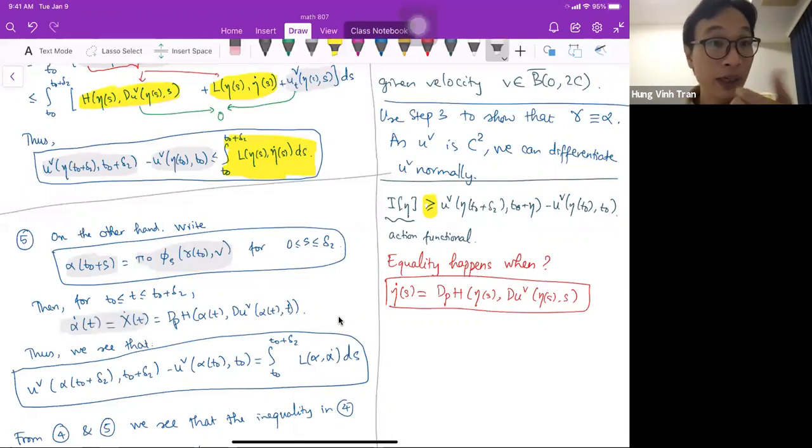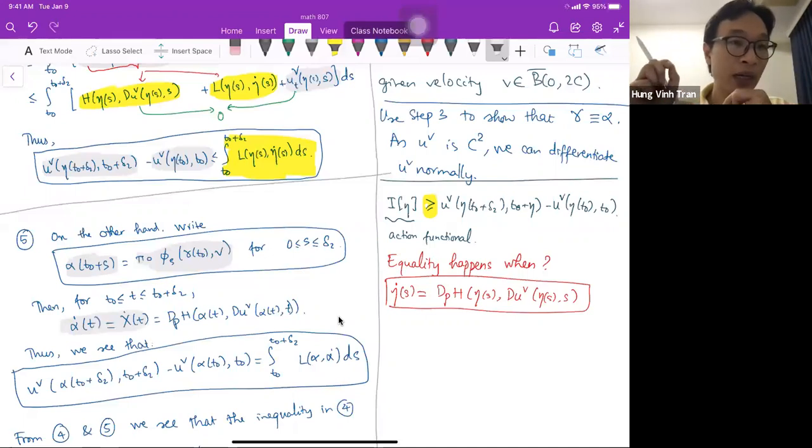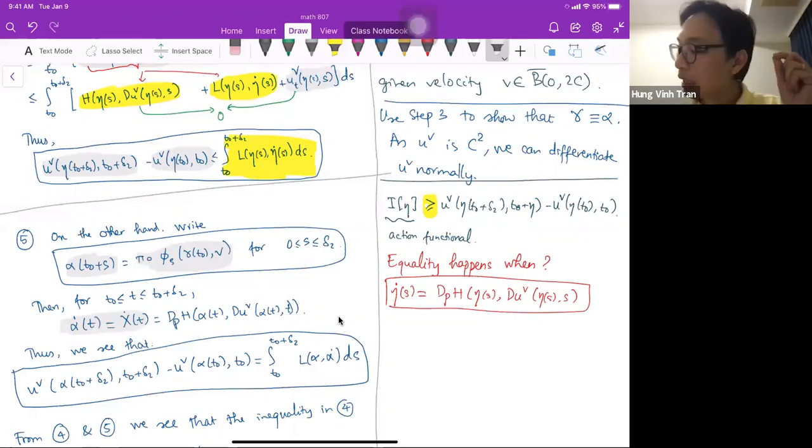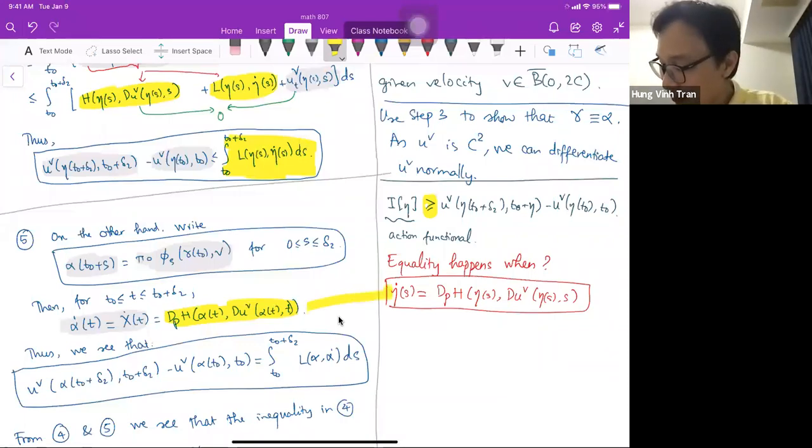And we already did the equivalence between the Hamiltonian and Lagrangian viewpoints. So alpha dot is x dot, and that's exactly satisfying the Hamiltonian system, right? So it's exactly DpH. So that's exactly when equality holds.